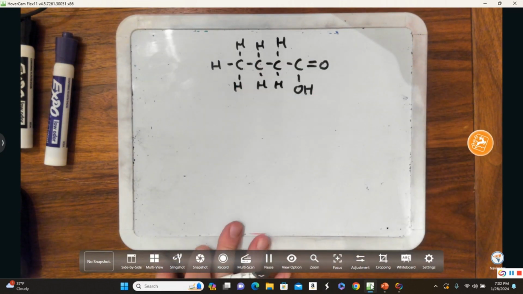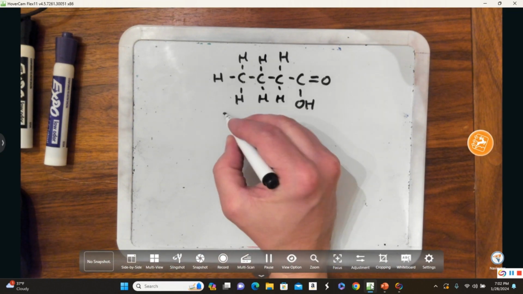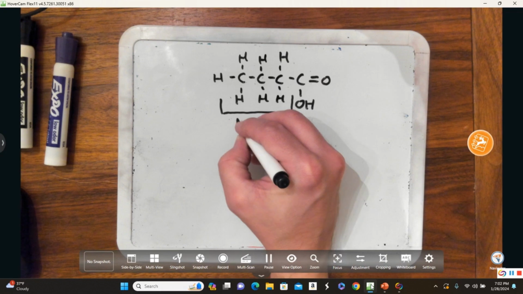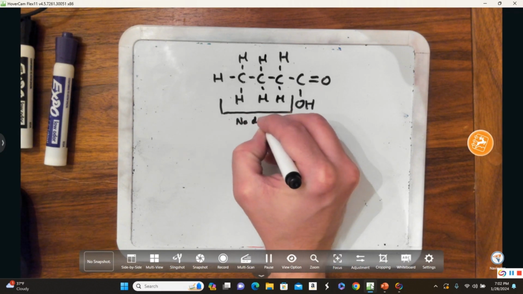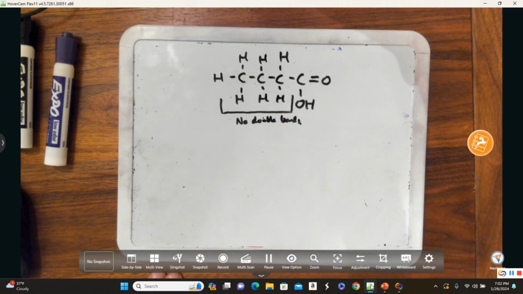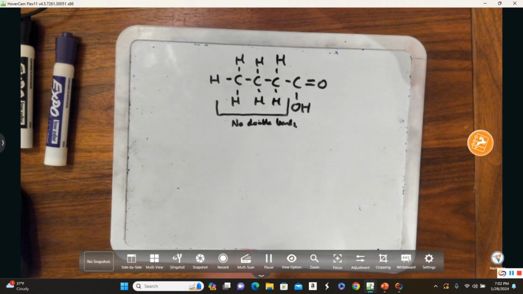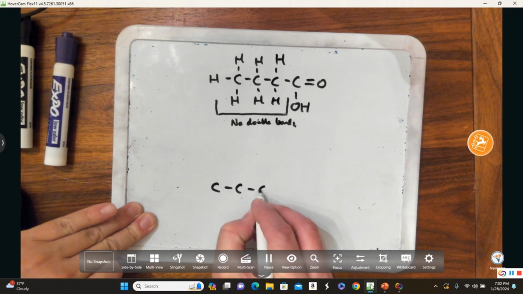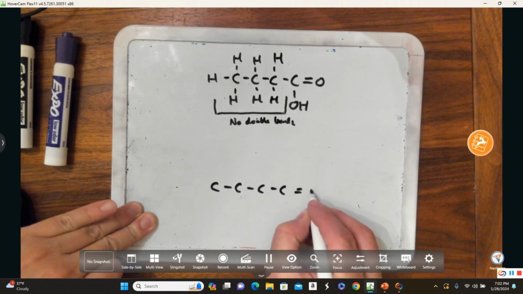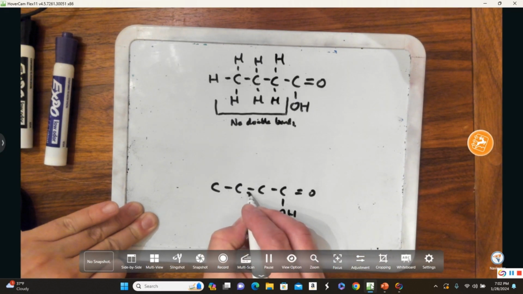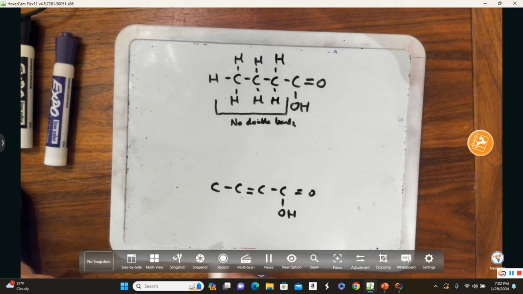What we will see is in this fatty acid chain here, there are no double bonds, okay? So what we will notice, let's do this. 1, 2, 3, 4. Let's put a double bond right there. Okay.